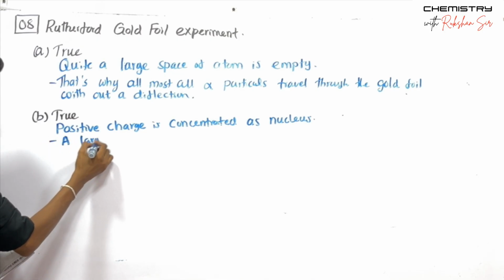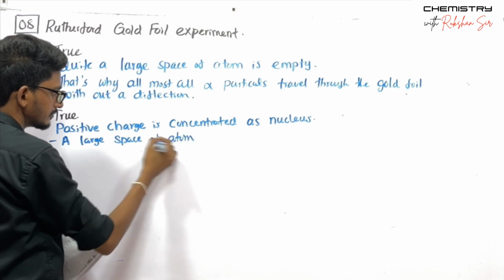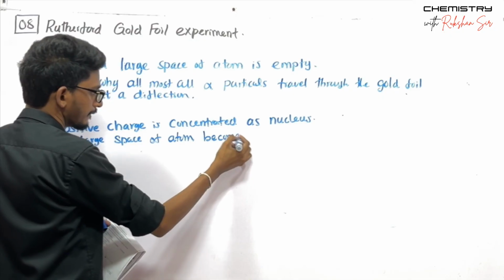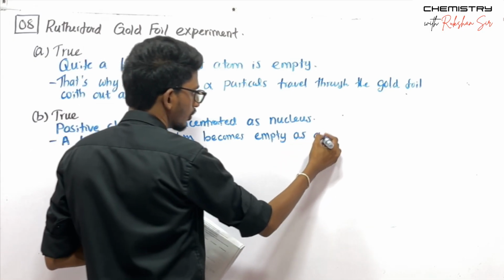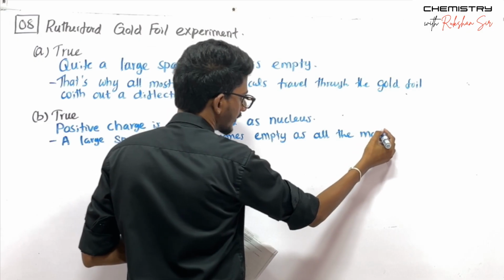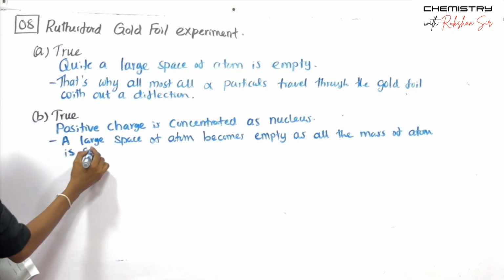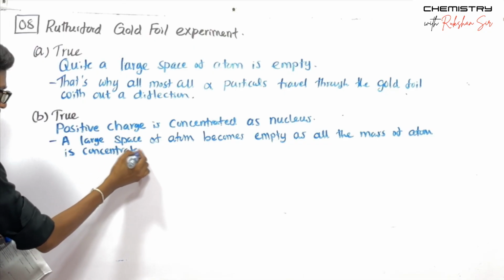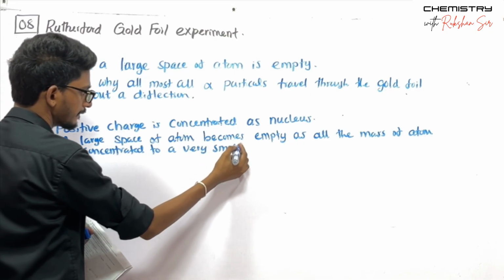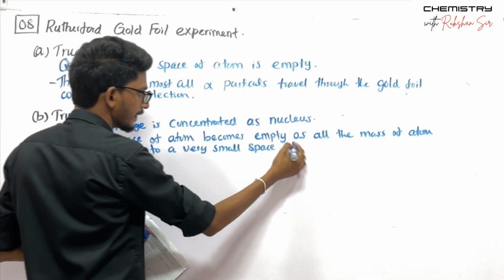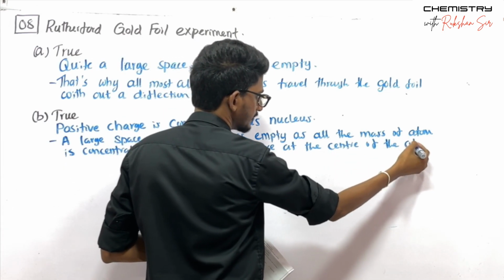A large space of atom becomes empty as all the mass of atom is concentrated to a very small space at the center of the atom.